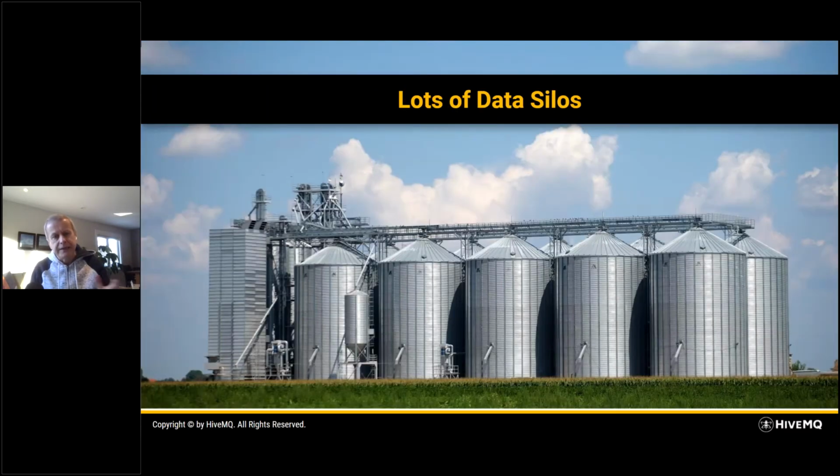And I think this is probably one of the key challenges with any modernization project: a lot of the data in these factories is very much in silos. And this often is because there are many different vendors on the factory floor with different hardware, different protocols for this hardware, and often proprietary protocols.